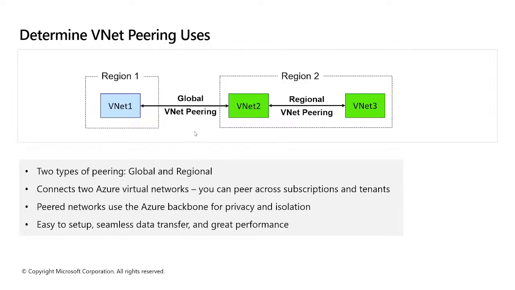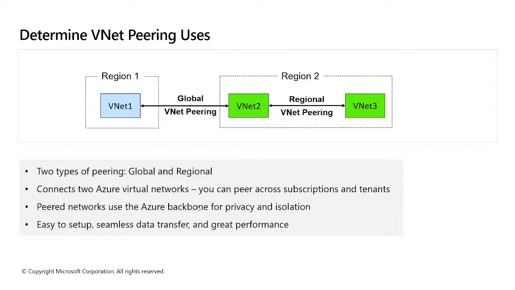So two types, like I said, when you have two different regions being connected together, your VNet exists in different regions, I would say what you're doing is the global VNet peering. And when you have your VNet that exists in the same region, I would say you're doing what we call a regional VNet peering. So I've told you guys you can connect to Azure Virtual Network regardless of the environment, the tenant, the subscription, the resource group where they are.